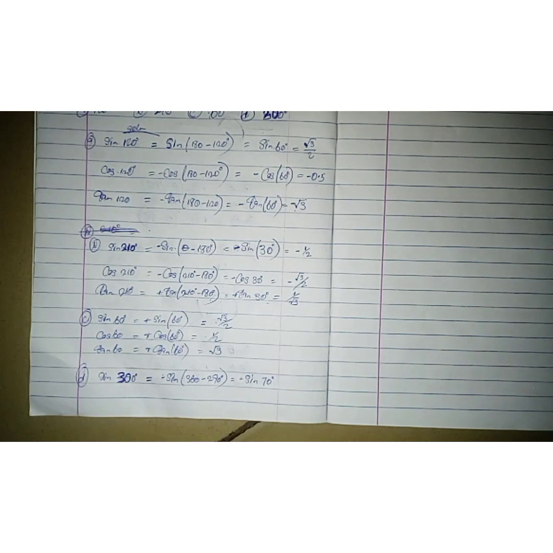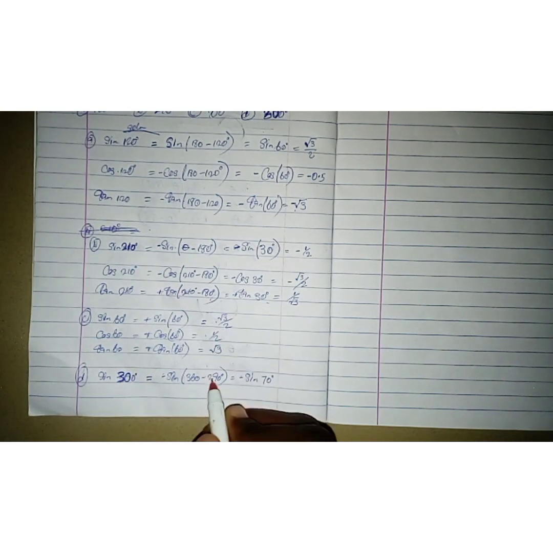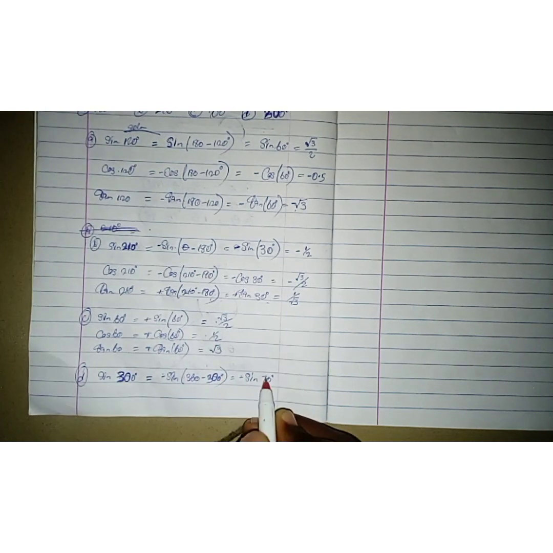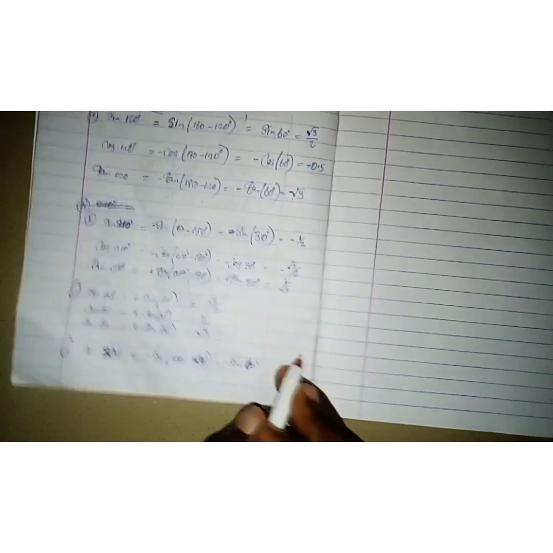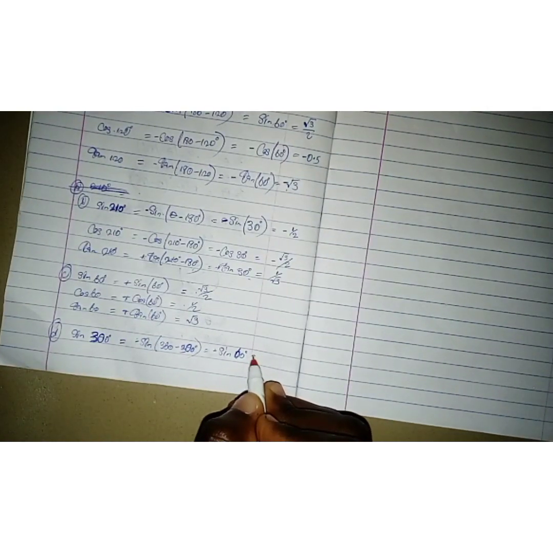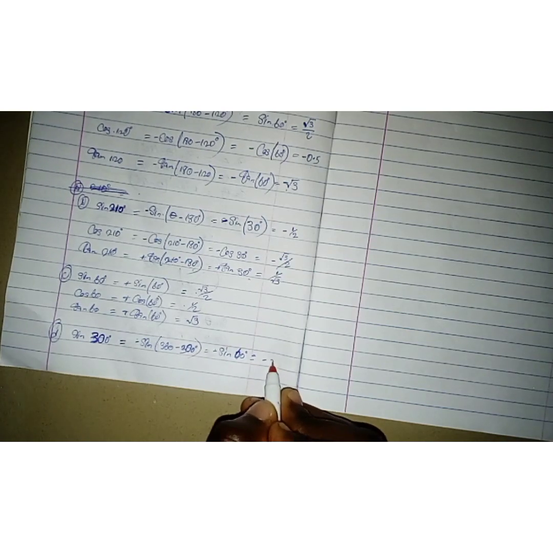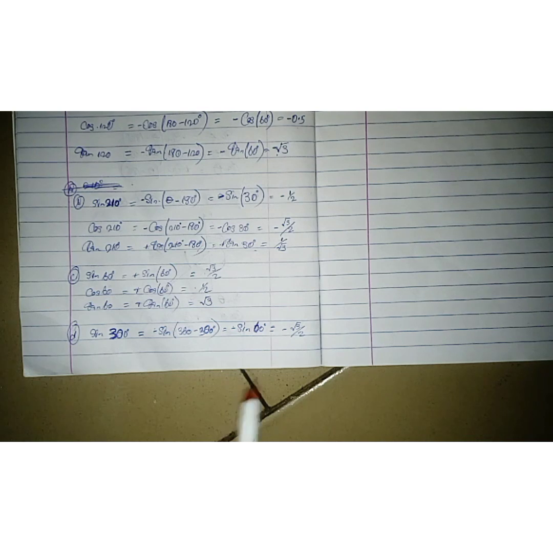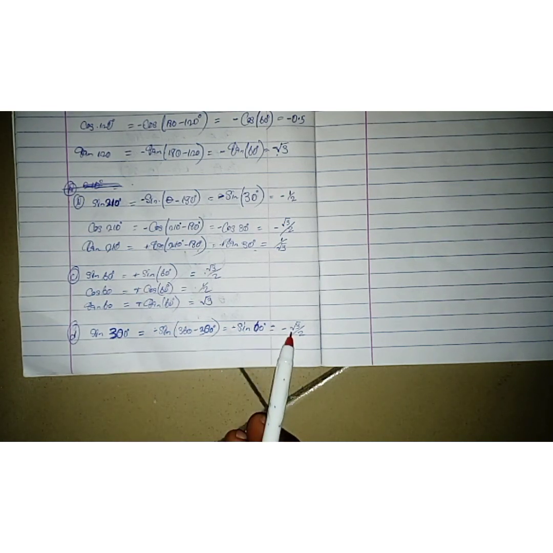So if this is 300, you see 360 minus 300, which is negative sine 60 degrees, which should give us negative root 3 over 2. So you should have in mind that sine 300 equals negative root 3 over 2.